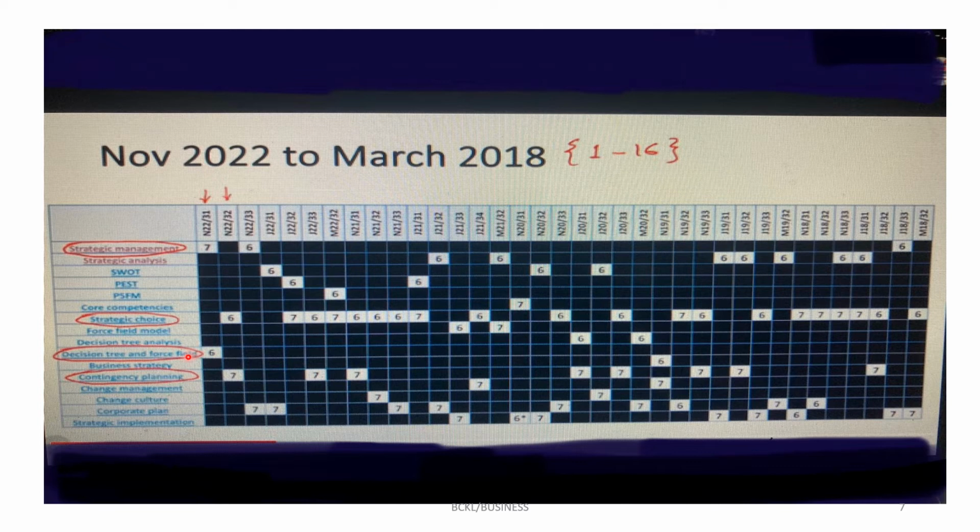Business strategy, contingency planning, change management, the change culture, and strategic implementation all came out for the exams, and look at the frequency. So you can make reference to these when working out the questions.